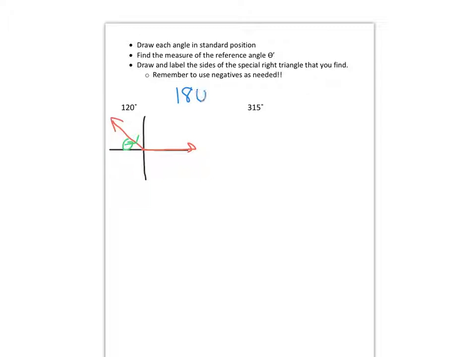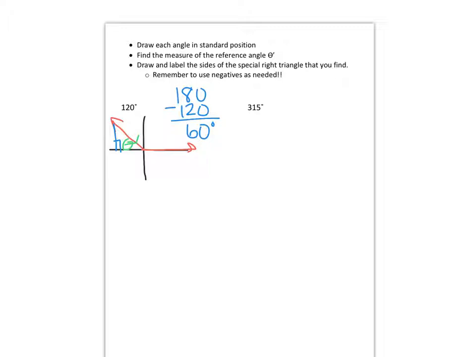The x-axis is 180, where it stops is 120, so that's a reference angle of 60 degrees. So we can use a 30, 60, 90 triangle in that corner.